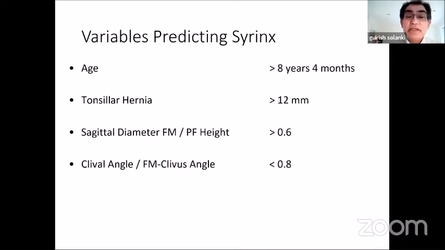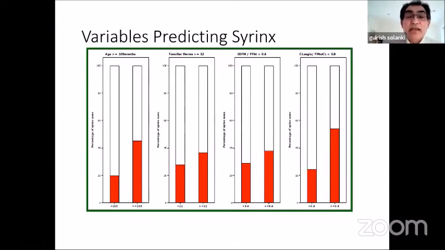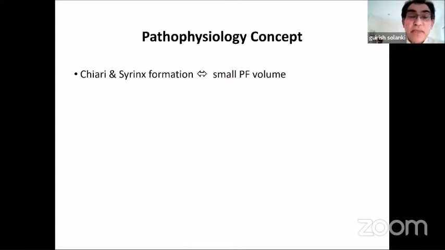And our statistician then put all this together and predicted that a child who has 100 months of age, clivus angle of less than 0.8, is the likely candidate to develop a syrinx. So there are some predictors.